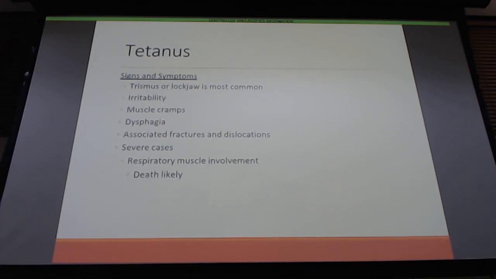Okay. So here are some signs: trismus or lockjaw, the most common signs you can have. Irritability, cramps, dysphagia, associated fractures and dislocations, because your muscles are going to be so tight, you're pulling on your bones and your joints so hard without having anything to make them stop.